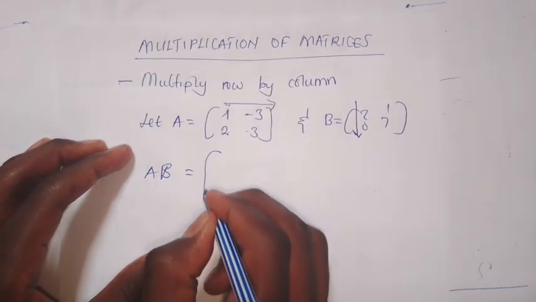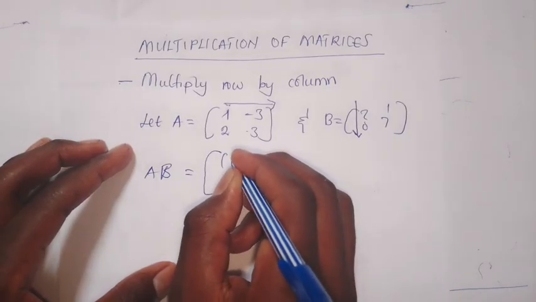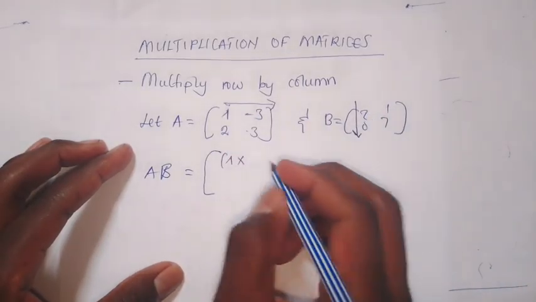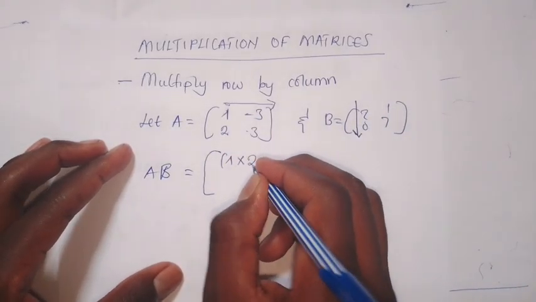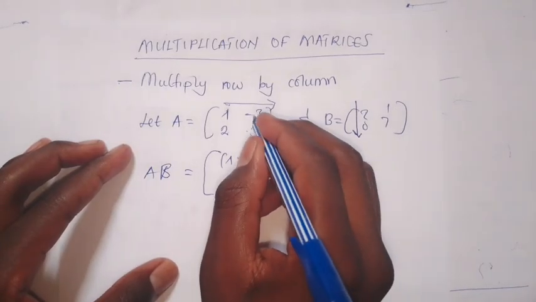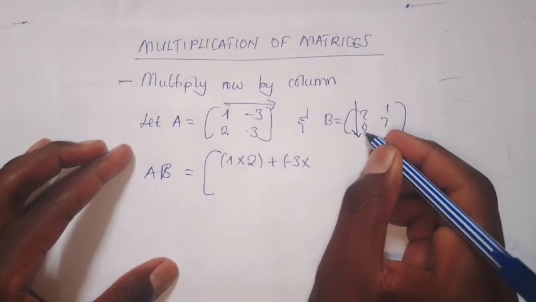So you open the bracket, then you say 1 times 2. You close, then you say -3 times 0.